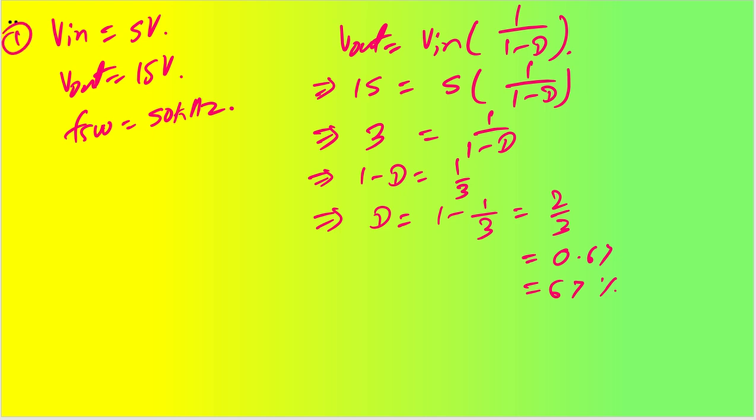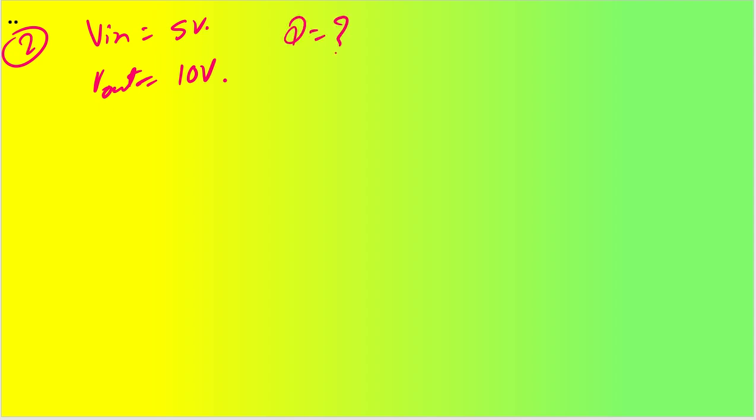So this is one design. Another design, if you want to do quickly: let us say my V input is equal to 5 volt and V output we want to be 10 volt. What is the requirement of my duty cycle? Let us say the frequency of switching is 50 kilohertz.